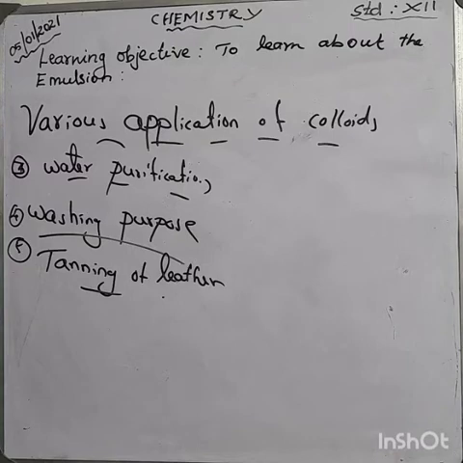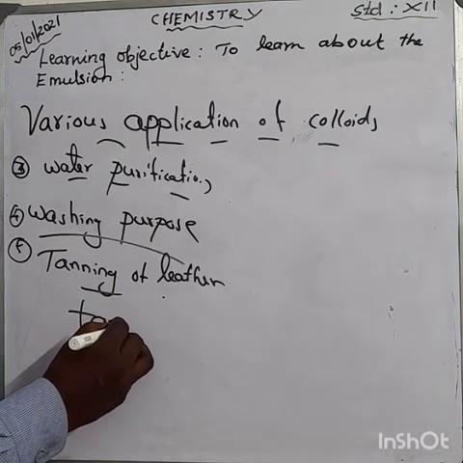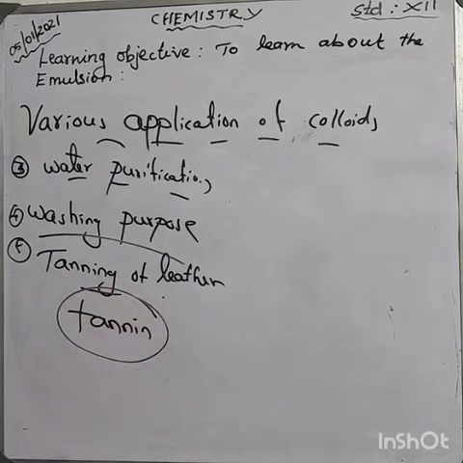We should add negatively charged particles, which means we are using a chromium salt. Then mutual coagulation takes place, which are coagulated by the addition of tannin. Don't forget tannin, which gives the hardening of leather, because the tannin contains negative charge.